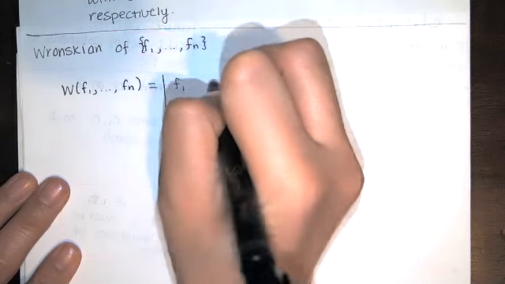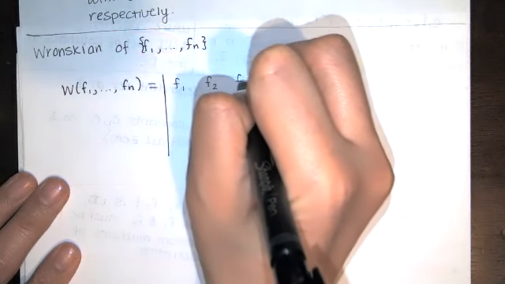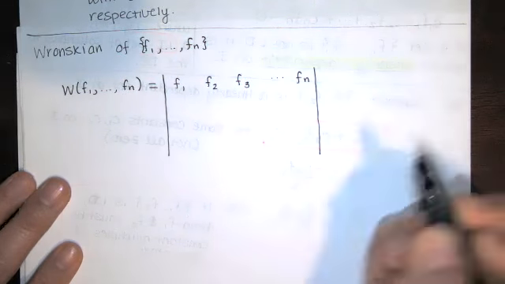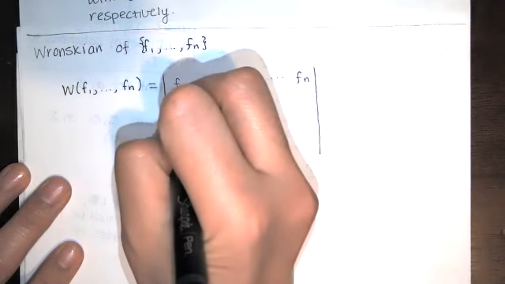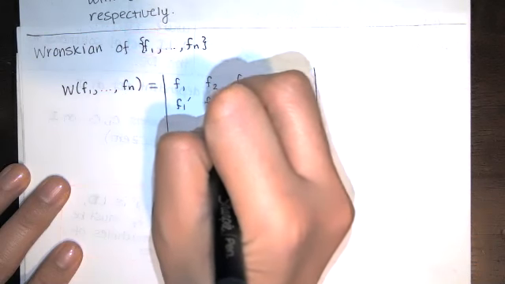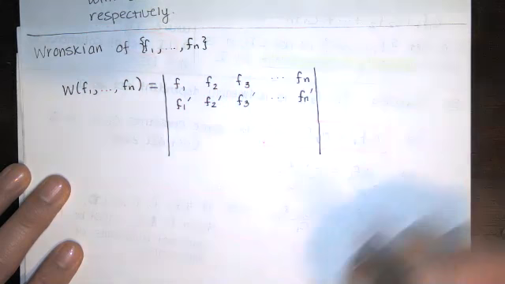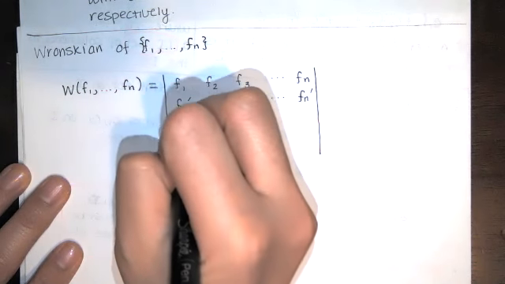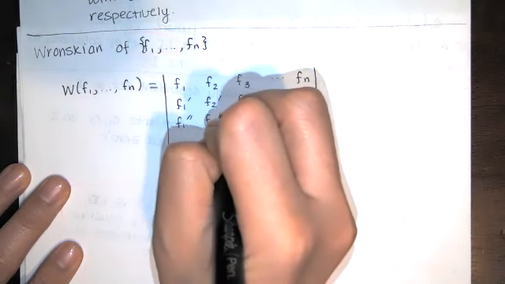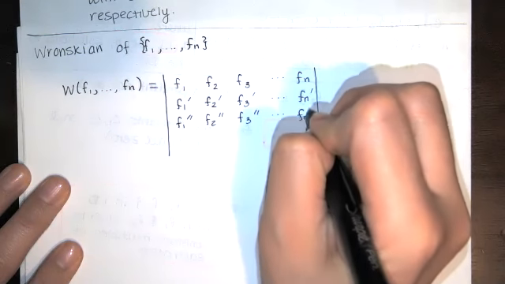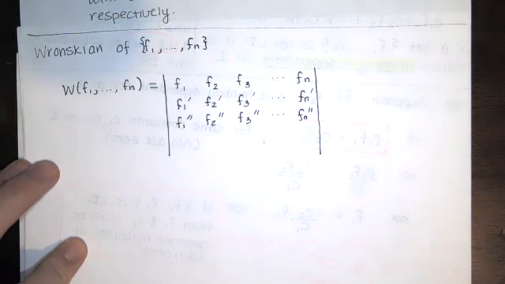In the top row, you write f sub 1, f sub 2, f sub 3, all the way through f sub n. And in the next row, you list their first derivatives. So you take the derivative of each function, and then in the next row, you do that again. And then you keep going until you have a square matrix.